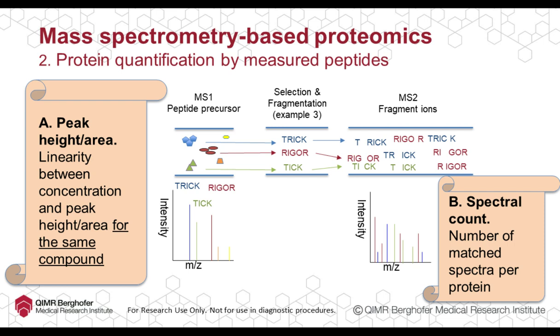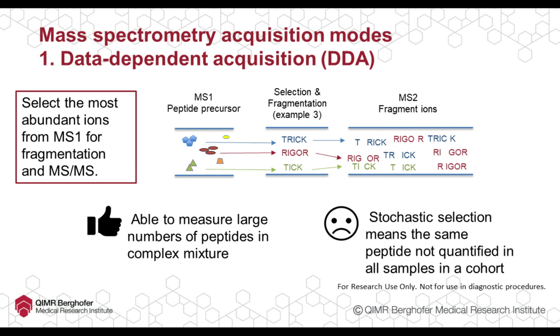So this is another area to consider. To avoid this issue of the stochastic selection, which is semi-random, based on the intensity of the MS1, there are newer methods that have been developed to avoid this selection.